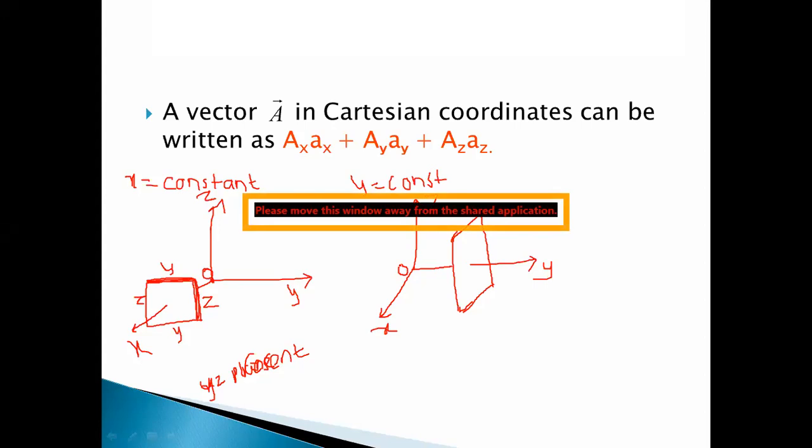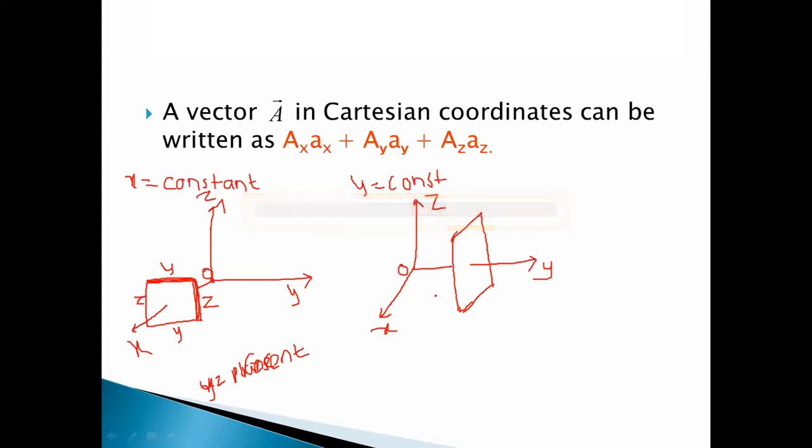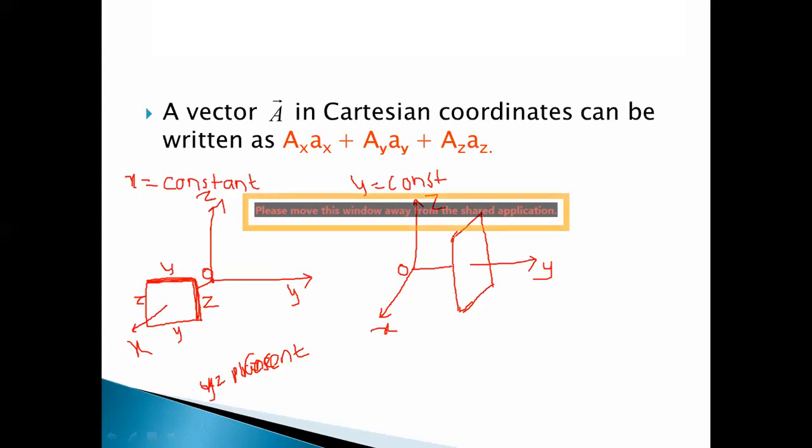Everyone draw the diagrams neatly because I'm taking it on PPT. By using the pointer, I cannot draw an exact diagram, but you draw correctly. Now, from this y is equal to constant, just tell me what is this upper line?